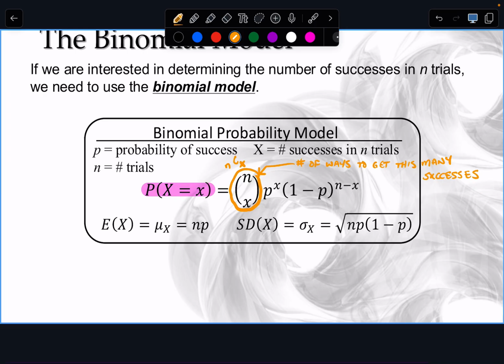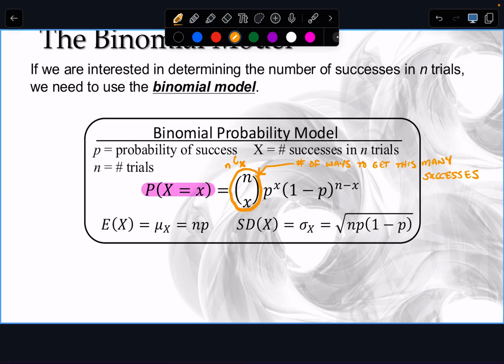It's going to say nCx, or in the calculator's notation, it's going to be nCr. So there's two different notations for the same process. This is the one that they get on the formula sheet, so that's the way I presented it here. But this is what it's going to look like in the calculator. And again, we'll talk about how to plug that in when we get to that point.